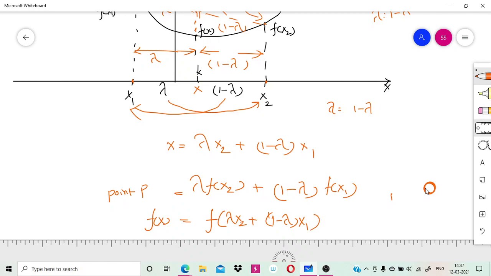So this is x. So this is equation 1 and this is equation 2.